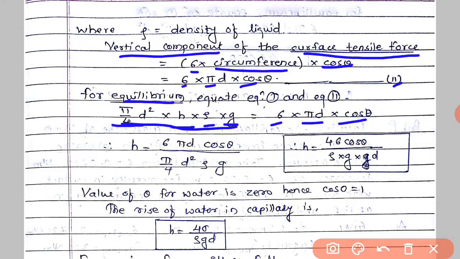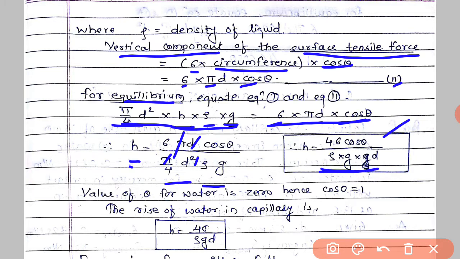Here we will get h is equal to σ π d cos θ divided by π/4 d² into ρ g. Here π will get cancelled, and one d from the numerator and denominator will get cancelled. So h is equal to 4σ cos θ upon ρ g d.